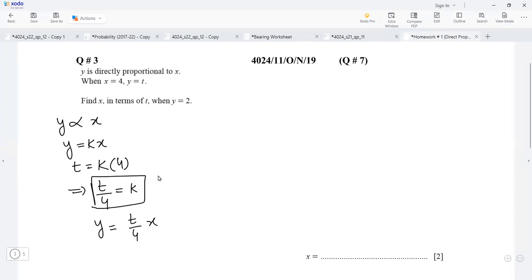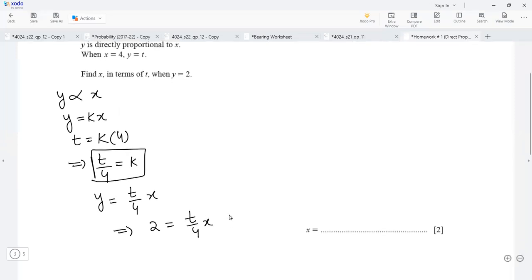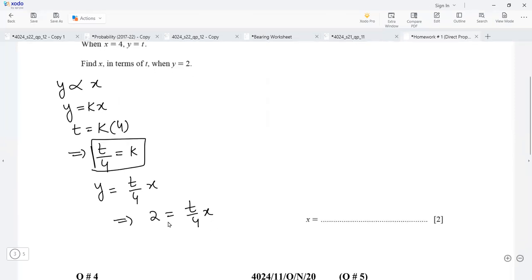What's the next step? Actually, they are saying find x. We don't have to replace x with anything else. Just write x here. And at that time, the value of y is 2. Replace y with 2, equals to t over 4 times x. So now we have to do cross multiplication. 4 times 2 is 8 and t is going to multiply with x.